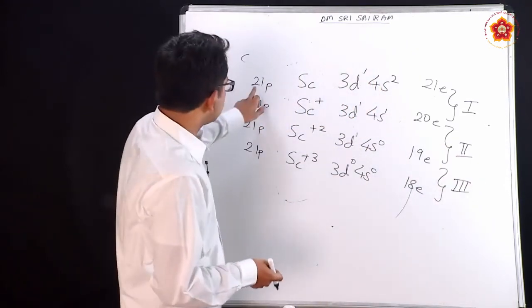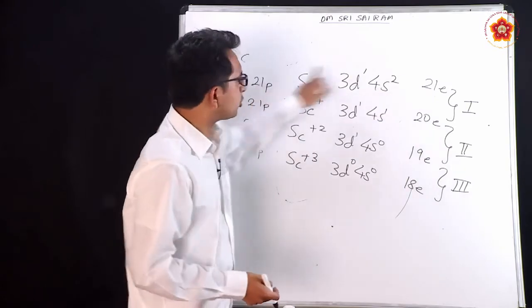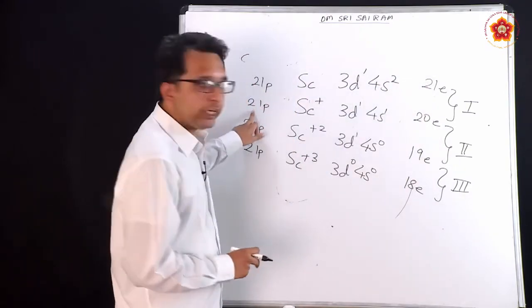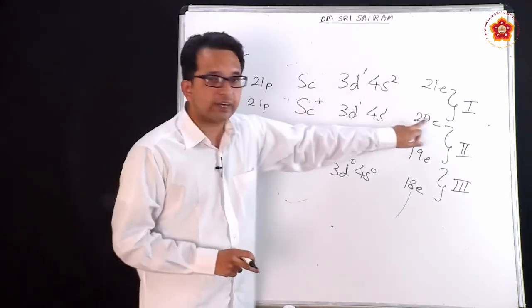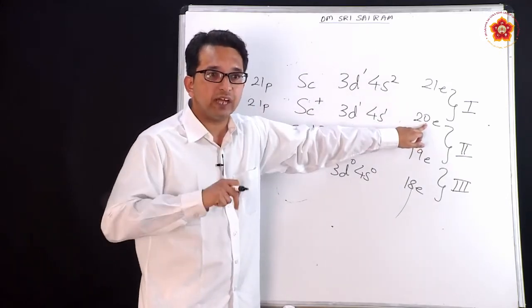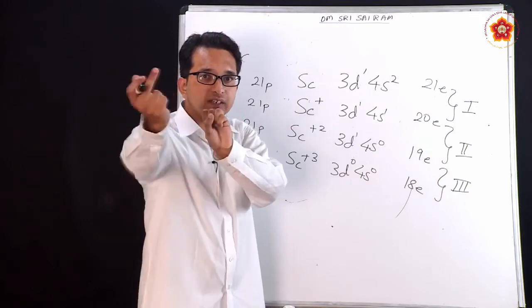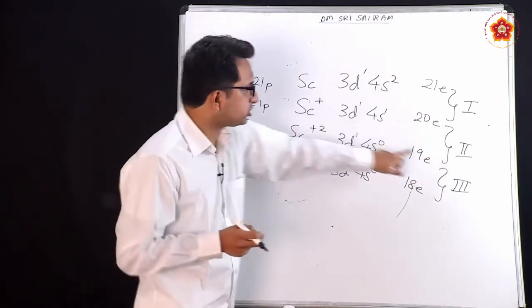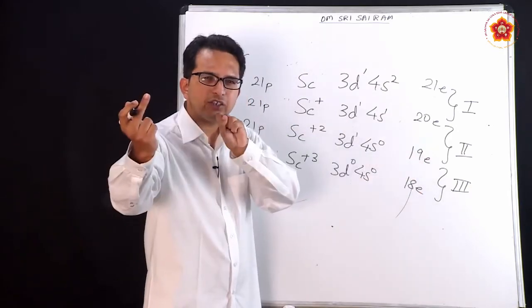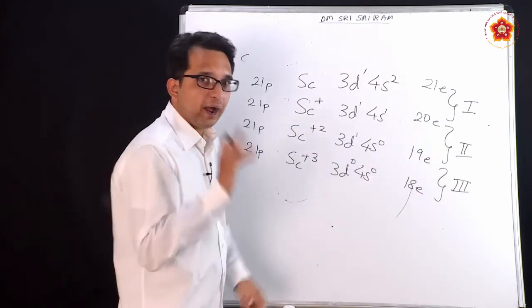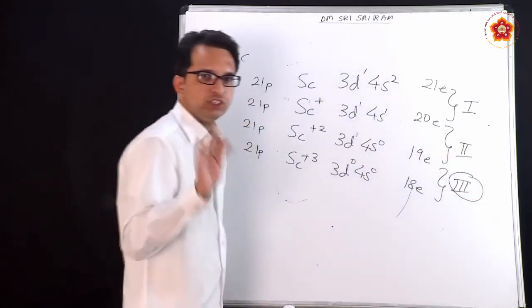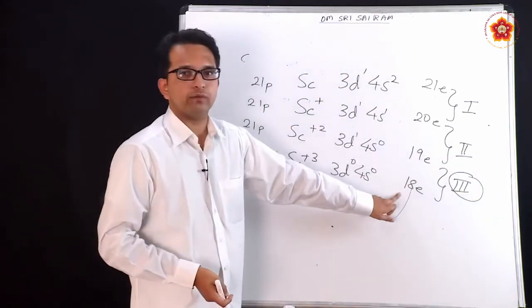At the start, there was an attraction between 21 protons and 21 electrons. But later on, 21 protons are attracting just 20, which means that the protons in the nucleus are attracting much stronger. With 21 protons and 19 electrons, the attraction is much stronger, and that indicates you need a very high amount of energy to remove a further electron.